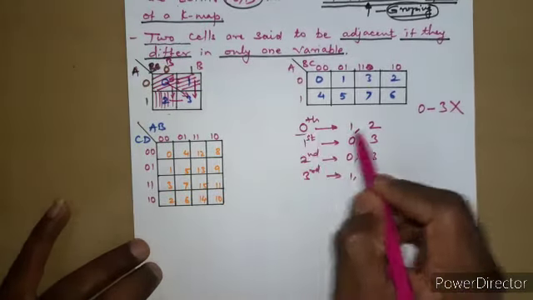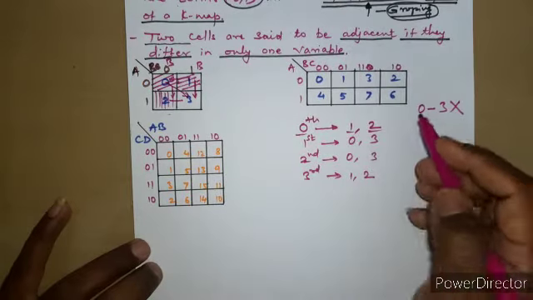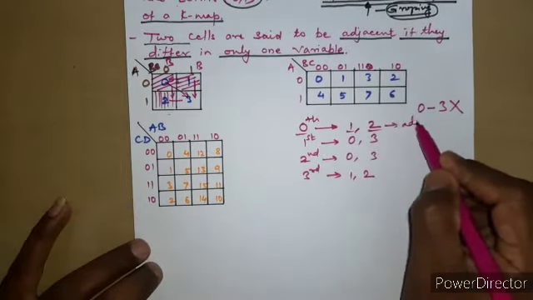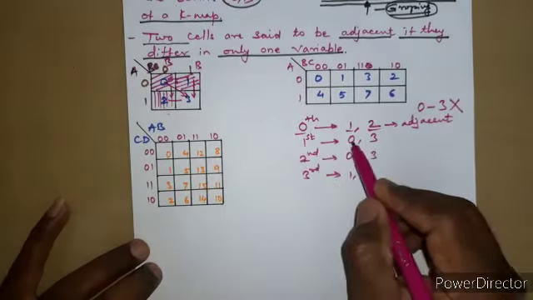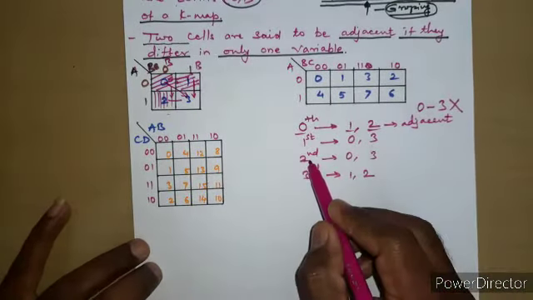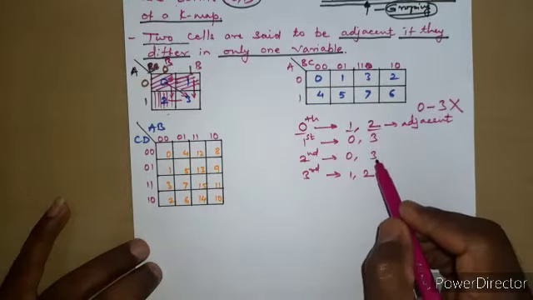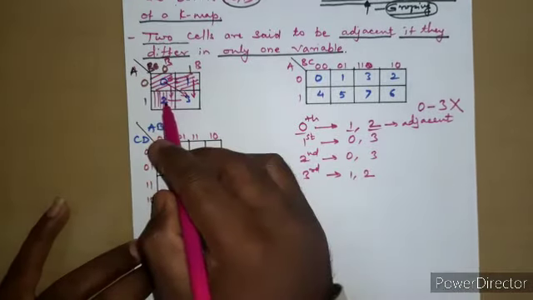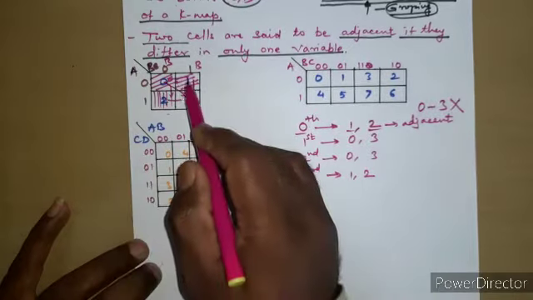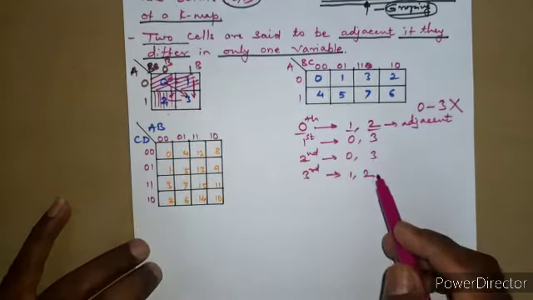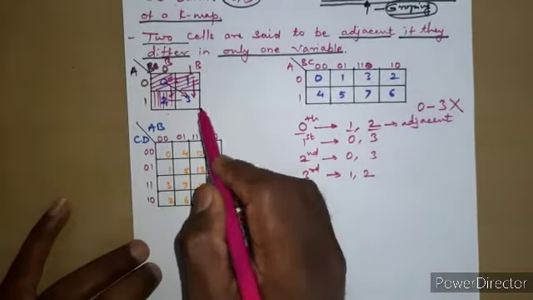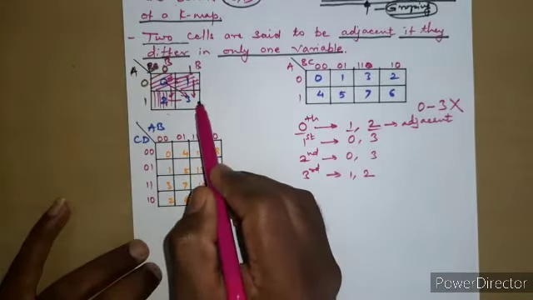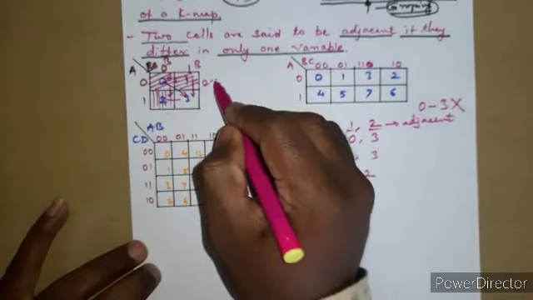So for 0, cell number 1 and cell number 2 are adjacent. For 1, 0 and 3 are adjacent. For 2, 0 and 3. So this is how you can correlate the adjacent cells for two input variables.